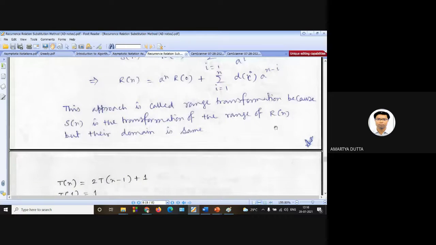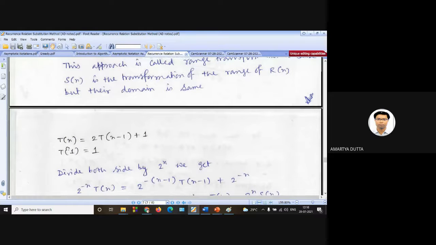So I'm using a recurrence relation. Let T(n) = 2T(n minus 1) + 1. Can you justify which algorithm has this recurrence relation? Anyone? This is very interesting.